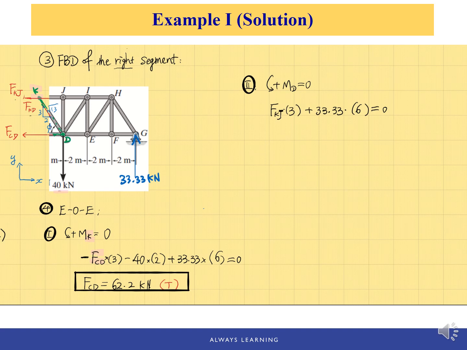And in fact, this 40 kilonewton is also applied at point D. Therefore, the 40 kilonewton also has a 0 moment about point D. So we only have 2 forces in this equation, and F_KJ can be solved directly. And in this case, it's negative 66.6 kilonewton. So it must be in compression since it's a negative value.